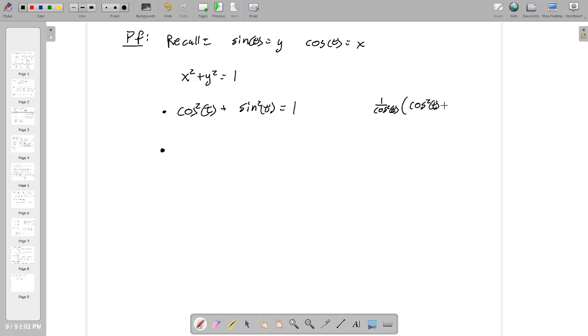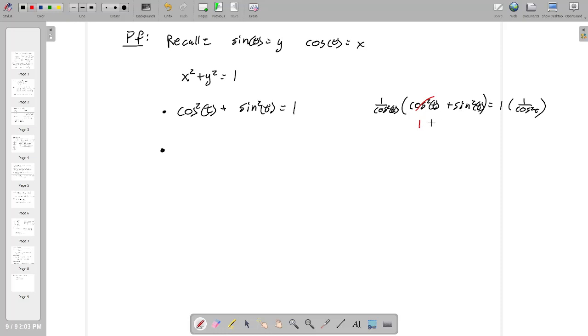We have 1 over cosine squared times cosine squared plus sine squared, equal to 1 times 1 over cosine squared t. Remember, 1 over cosine squared is the same thing as secant squared, but when I multiply this in, I'll get cancellation here, and I'll just have a 1.